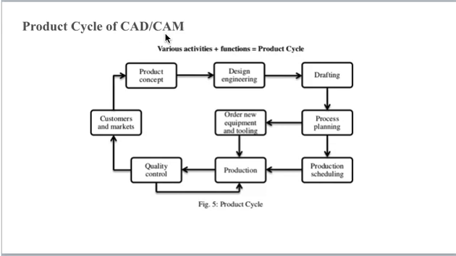The scope of CAD CAM in the operations of the manufacturing firm, or you can say customer or market. It is appropriate to examine the various activities and functions that must be accomplished in the design and manufacture of the product.